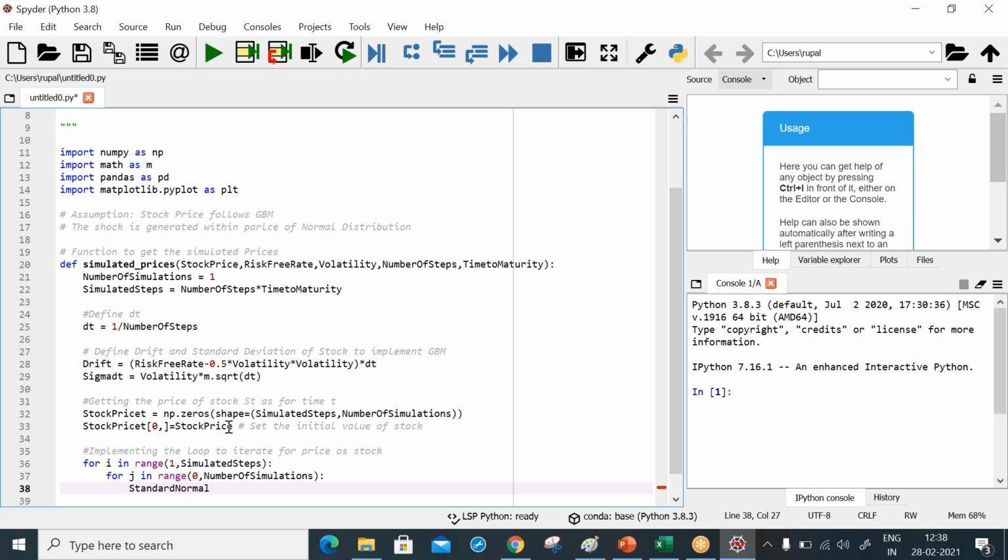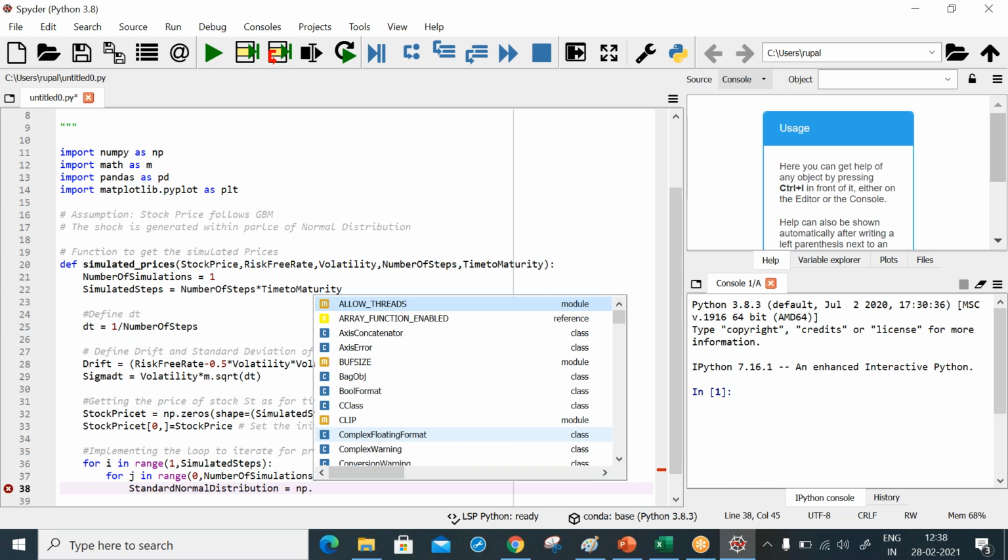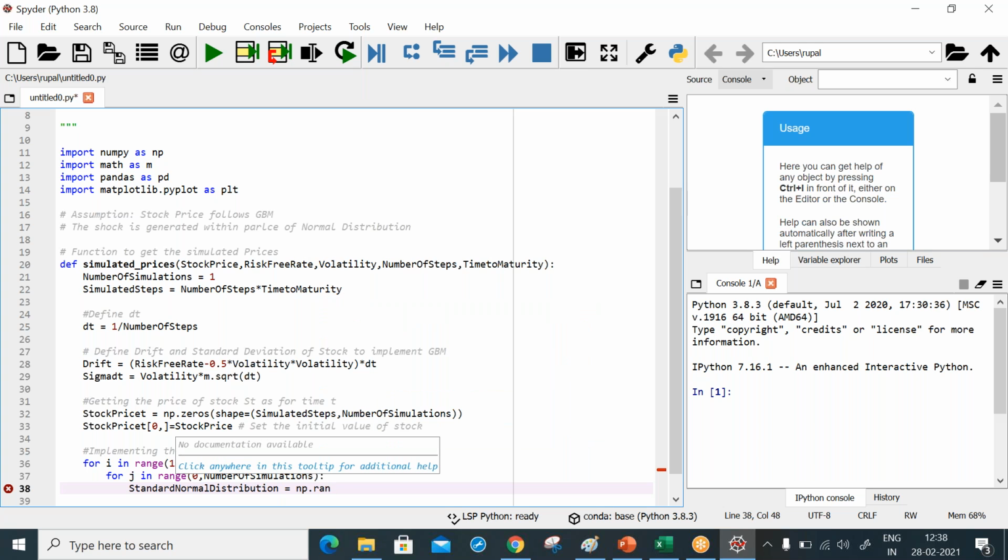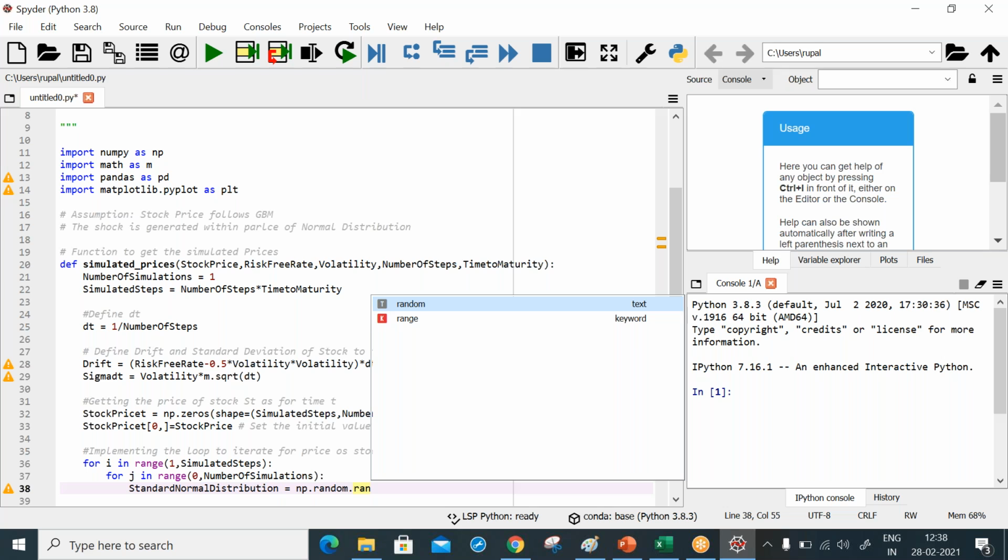Standard normal distribution is equal to, now we'll use our numpy library, np.random.randn.